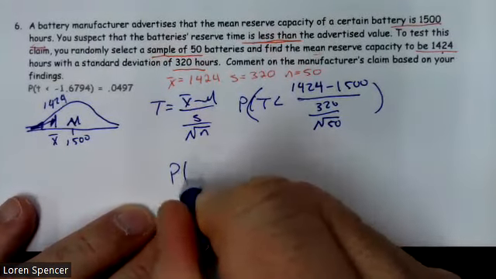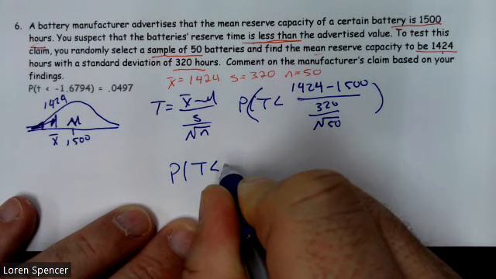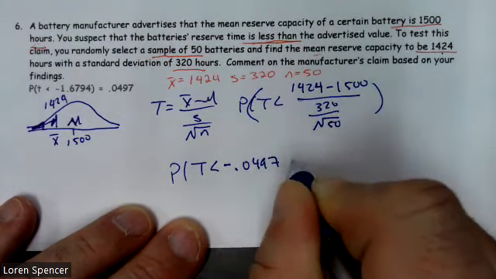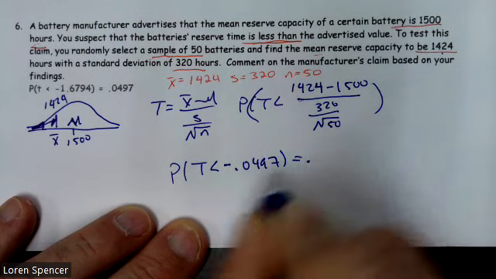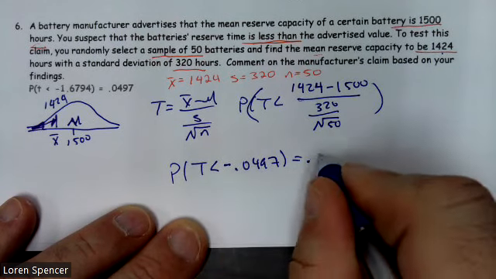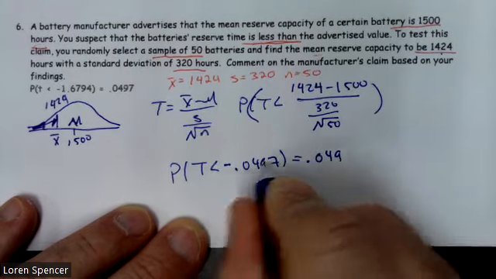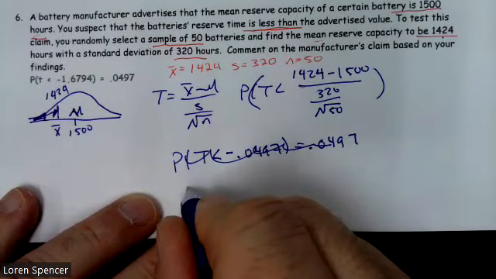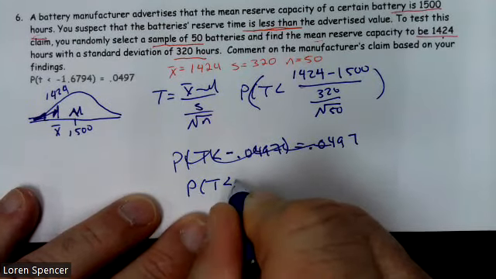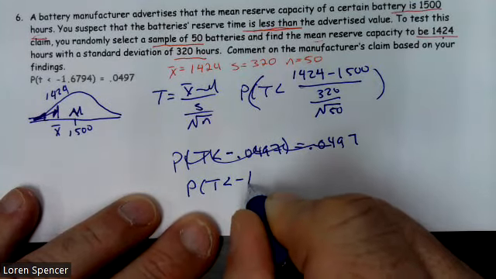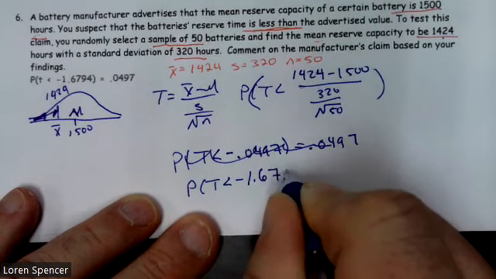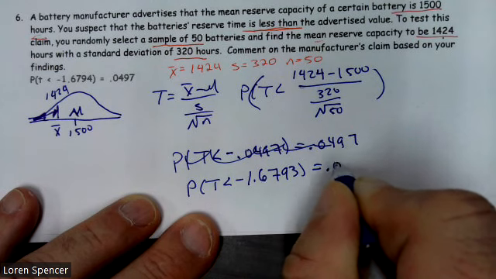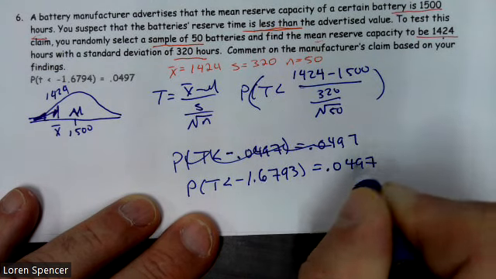Oops, I wrote that all wrong. This should be the probability that T is less than negative 1.6793 equals 0.0497.